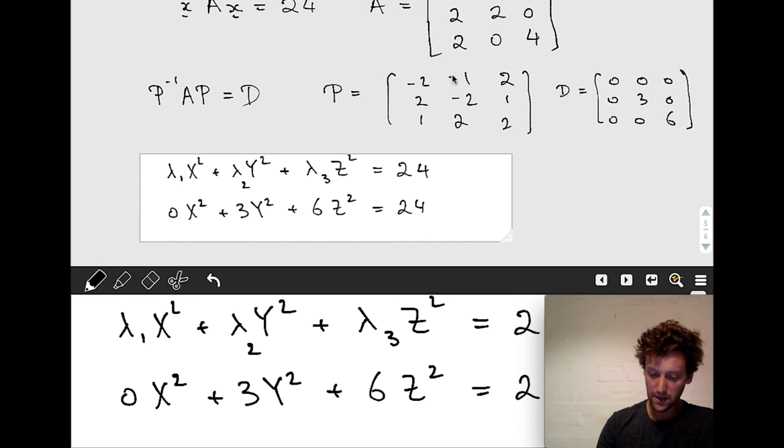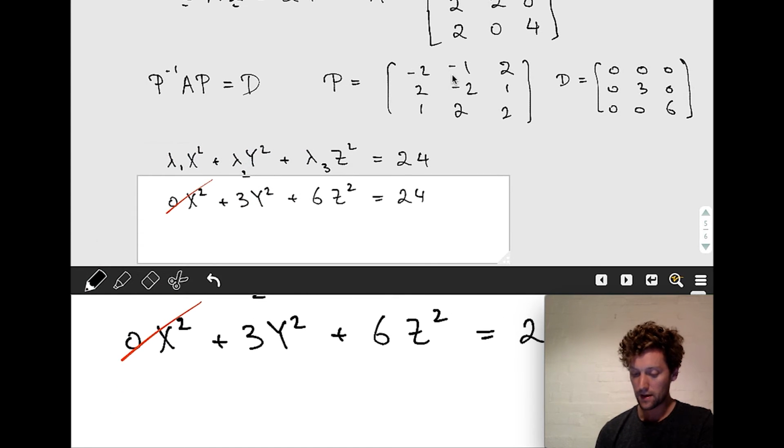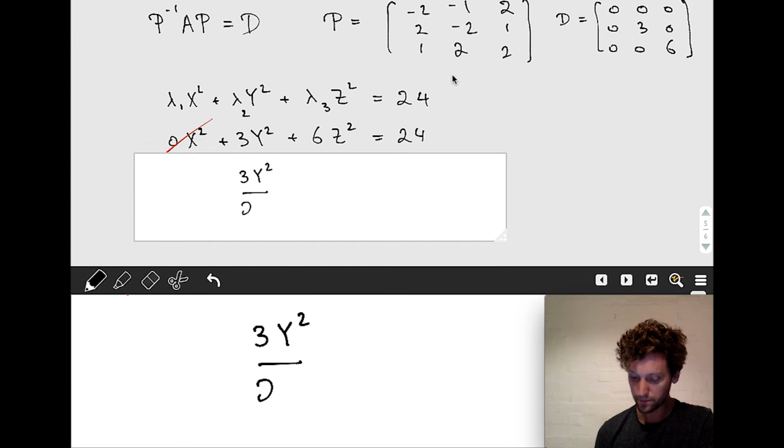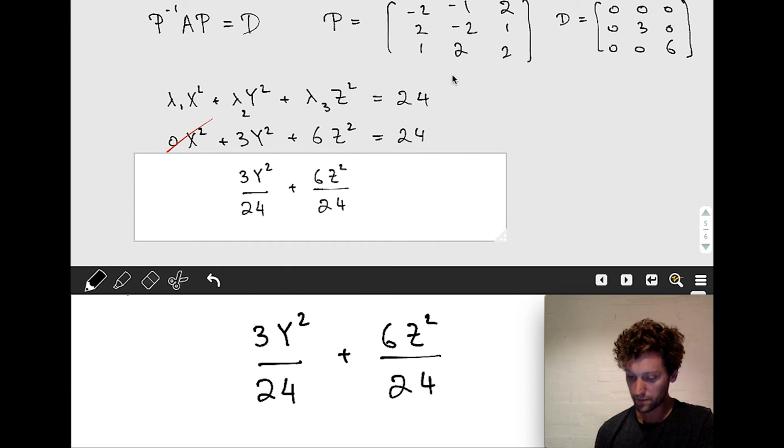So you see that I get a 0 X squared, so this expression does not depend upon X. It does depend upon Y and Z, and so what we're going to do here is divide by that 24. So I get 3Y squared over 24 plus 6Z squared over 24 equals 1.